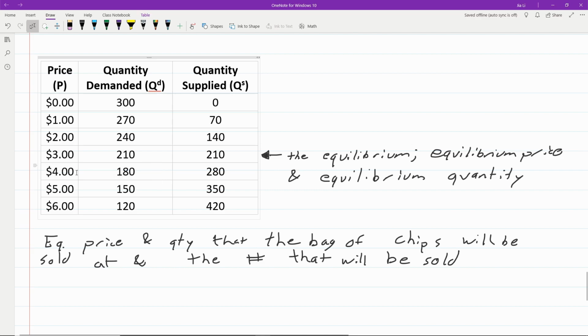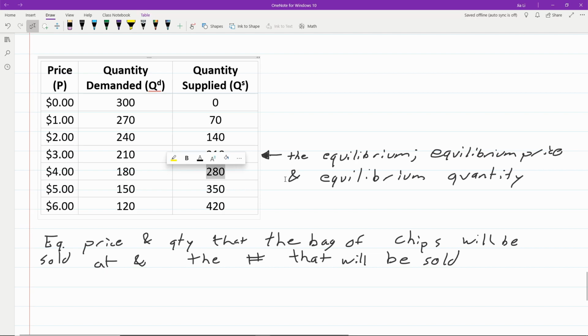Well, if the price was $4, then as we can see, 180 customers will want to buy a bag of chips this week. And the store will want to have sold 280 at this price.